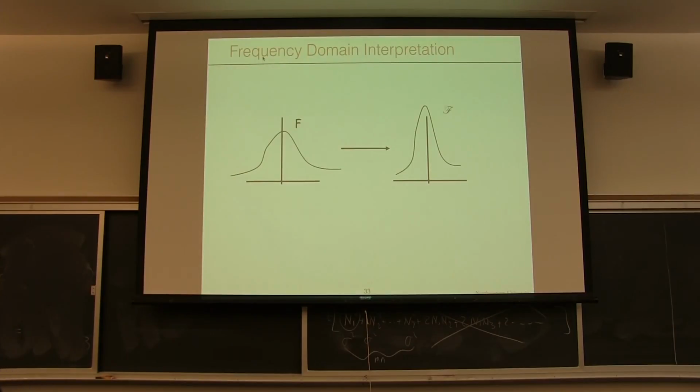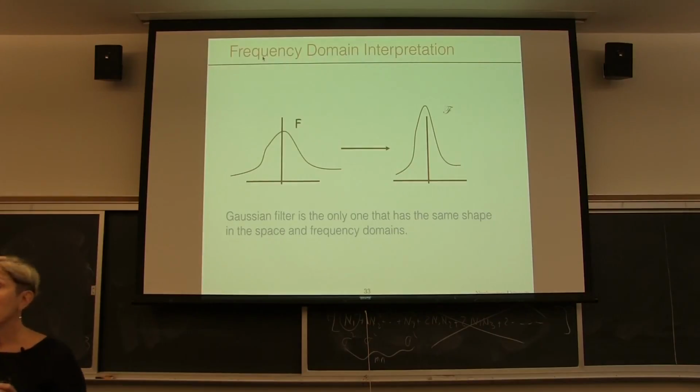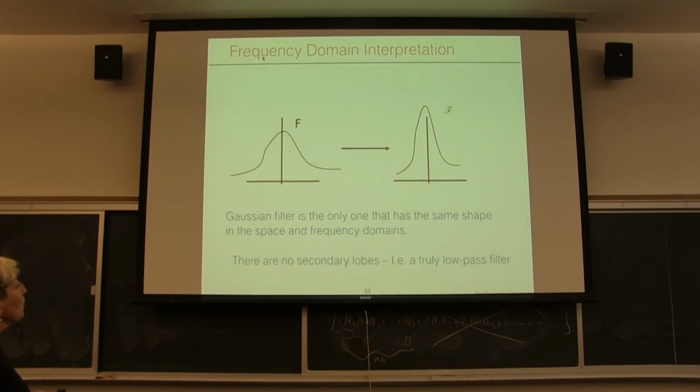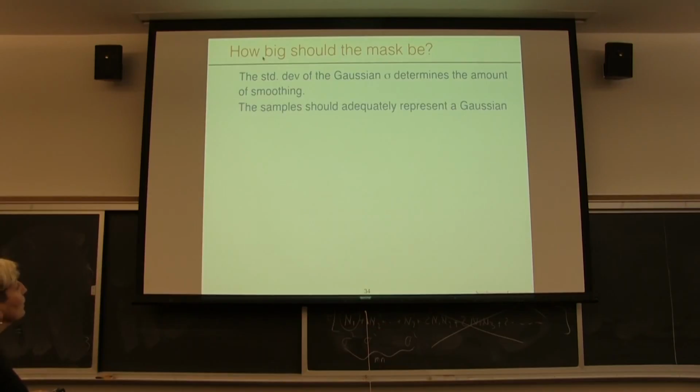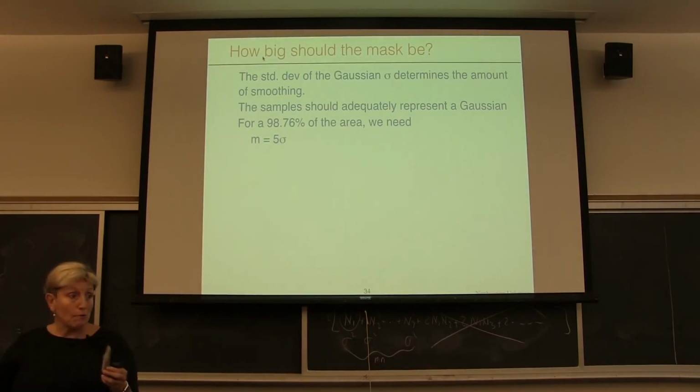Now we're going to play a game and figure out how big my filter needs to be. What I have in the filters is a good approximation of a Gaussian. One way of answering that question is by looking at the area, or volume if we're talking about 2D, underneath the curve.